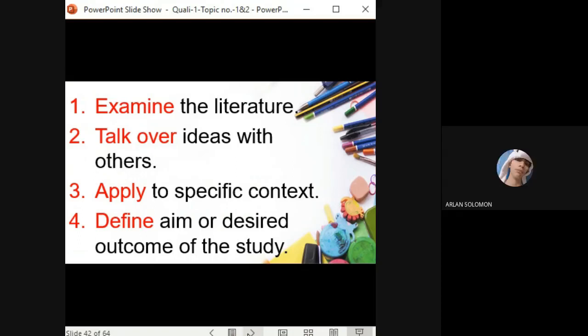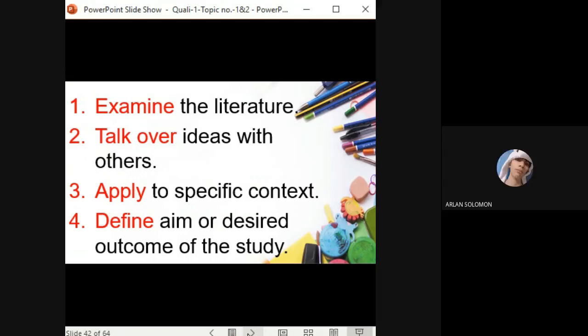Number three, apply to specific contexts. And number four, define aim or desired outcome of the study. Do you have any idea about this? If, for example, examine the literature, anong ibig sabihin niyan sa palagay mo, Arlan? What do you mean by that?